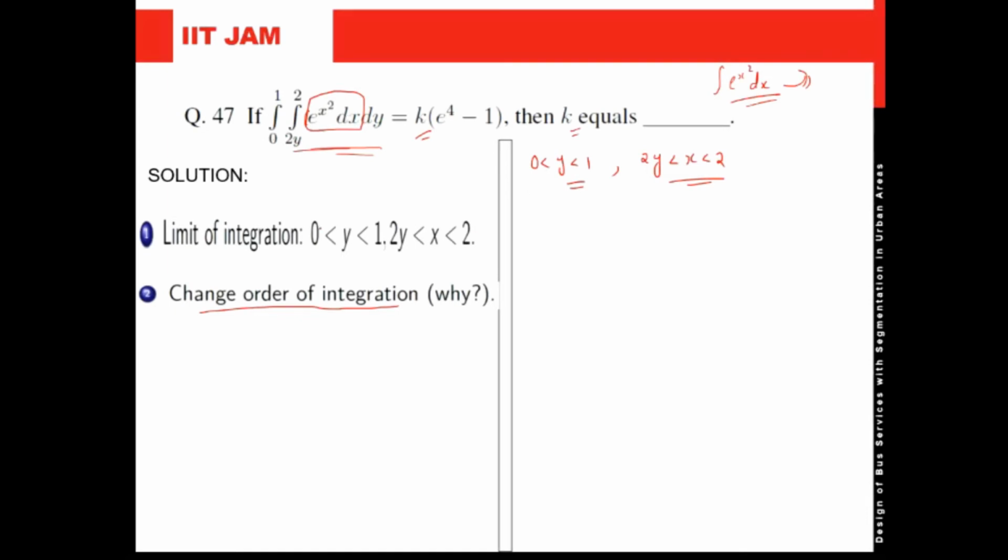So first I will draw the region of integration. The region is bounded by y between 0 and 1.